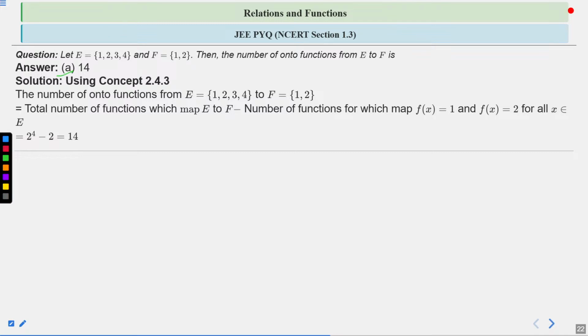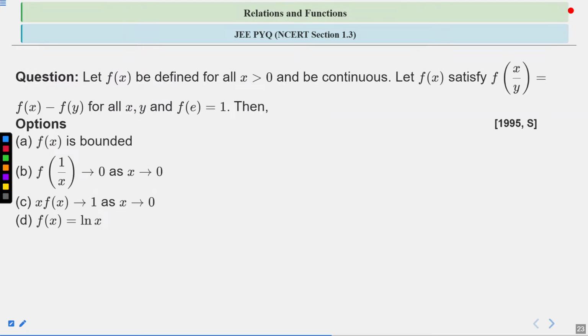Okay, let us move to the next question. The next question says, let f(x) be defined for all x greater than 0 and be continuous. Let f(x) satisfy f(x/y) = f(x) minus f(y) for all x, y, and f(e) is equal to 1. Then which option is correct?